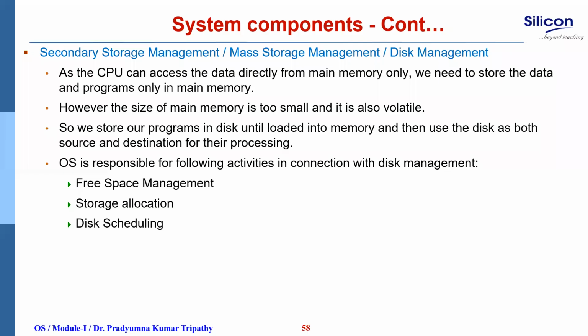So your data is permanently stored on the disk. So how can the disk be managed? As the CPU can access the data directly from main memory only, we need to store data and programs in main memory. Try to understand over here. I have already told you that the CPU can have access to the main memory only.